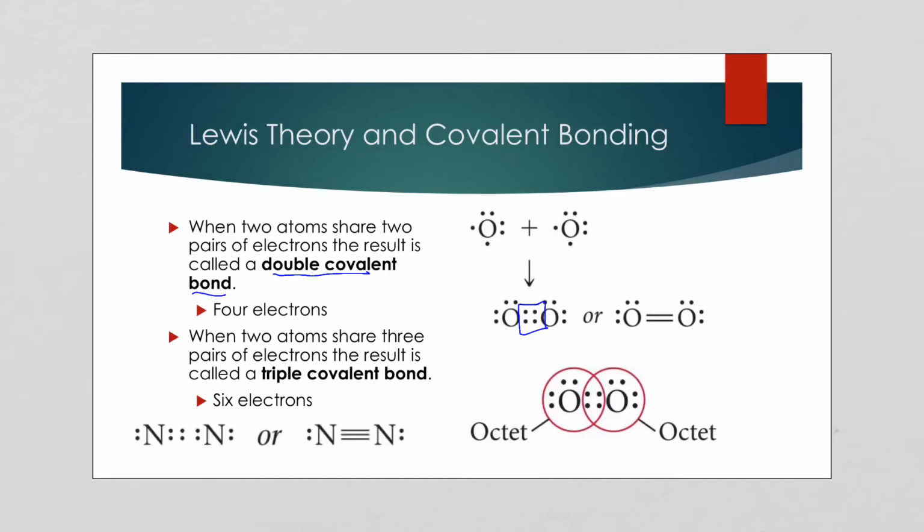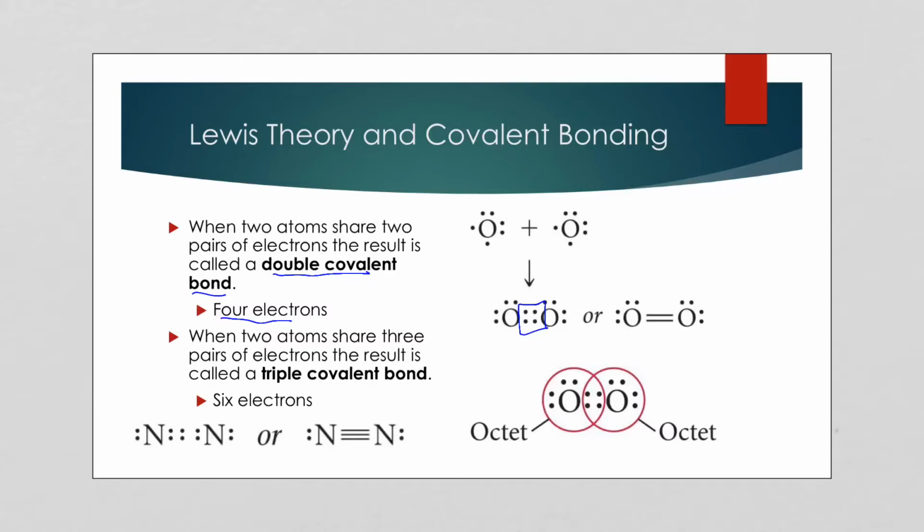And this involves the total sharing of 4 electrons. Now, it's not exactly the same as 2 single bonds. It is a different bond, and we'll talk more about that as we get into bonding. It's not 2 separate bonds. We think of it as one, what we call a double bond. And the way we symbolize that is with a double line between the 2 atoms.